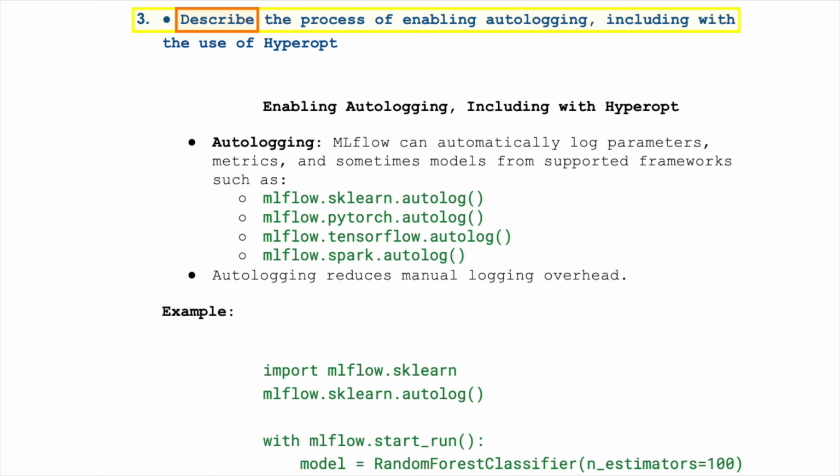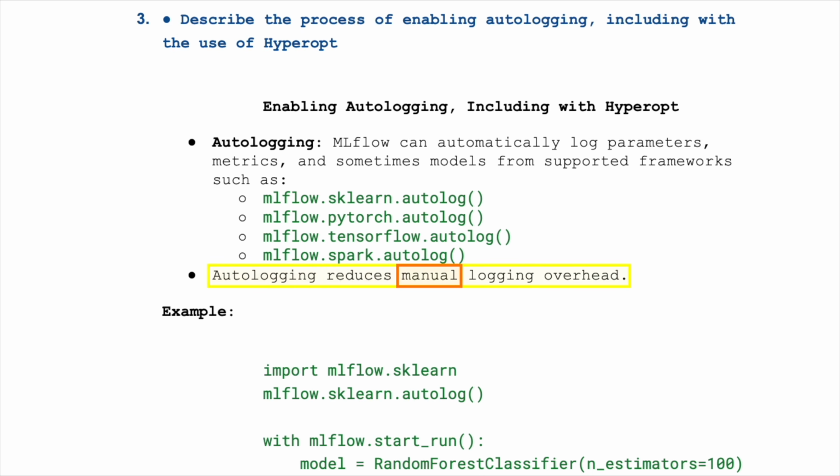3. Describe the process of enabling autologging, including with the use of Hyperopt. MLflow can automatically log parameters, metrics, and sometimes models from supported frameworks, such as mlflow.sklearn.autolog, mlflow.pytorch.autolog, mlflow.tensorflow.autolog, mlflow.spark.autolog.